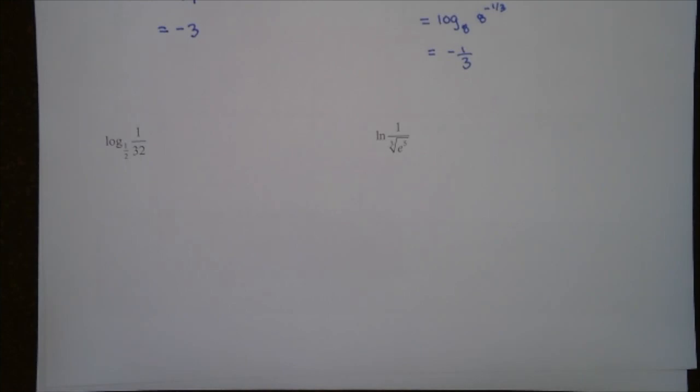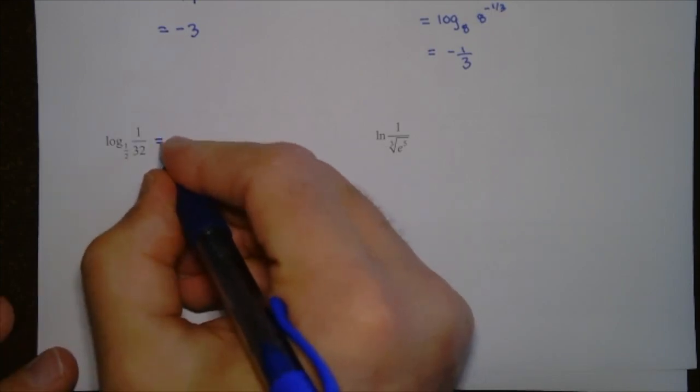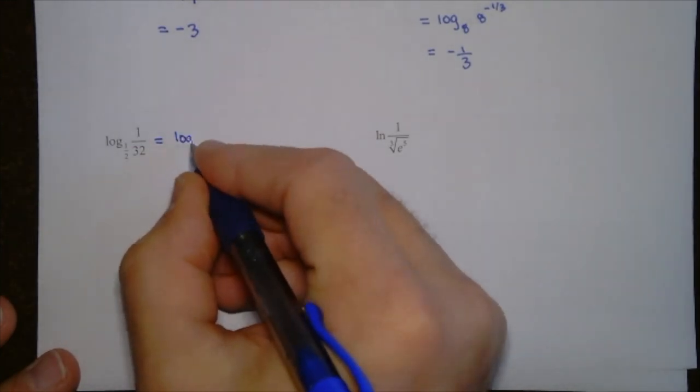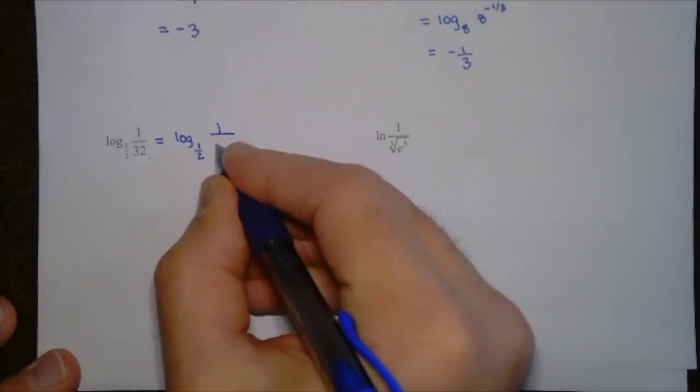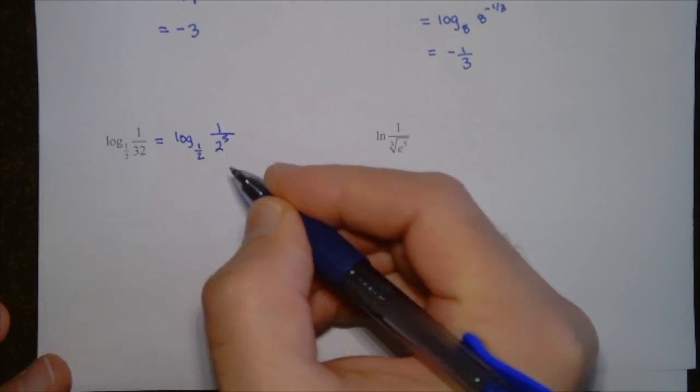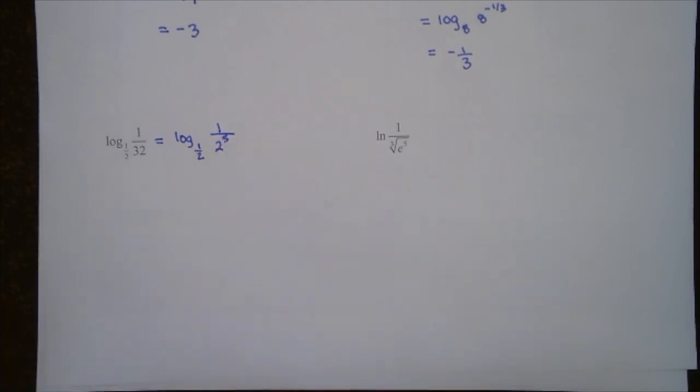So 32 is 2 times 2 times 2 times 2 times 2, or 2 to the 5th power. So this is equivalent to log base 1/2 of 1 over 2 to the 5th power.